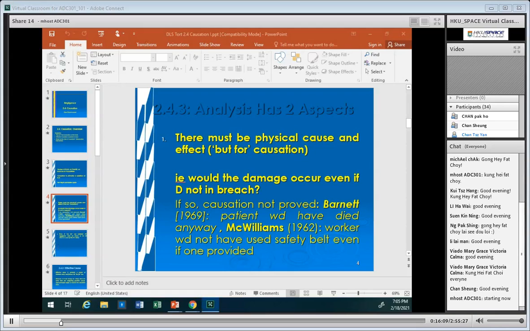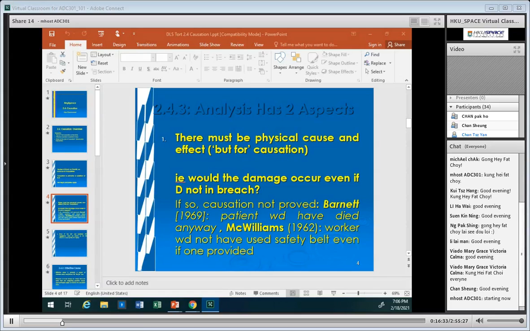But was there causation? The court said no, causation was not proved in Barnett, because even if the doctor had acted quickly, he couldn't have saved him. The patient would have died anyway. Okay. By the way, on page 59 of your course manual, there's a Hong Kong case, similar. Well, not similar, but a similar decision there.